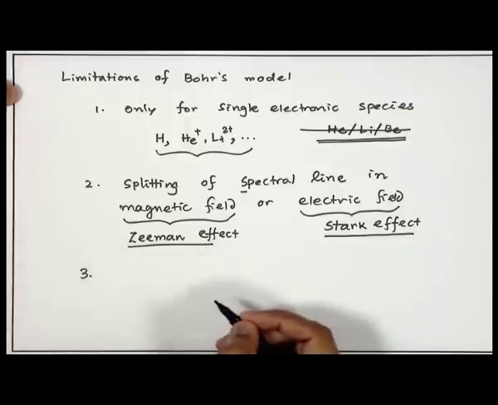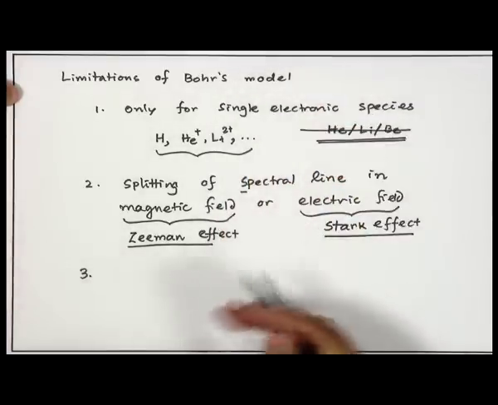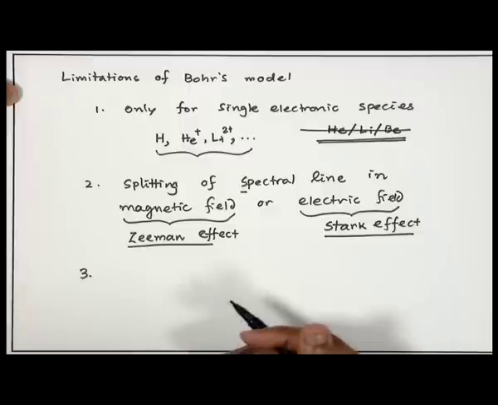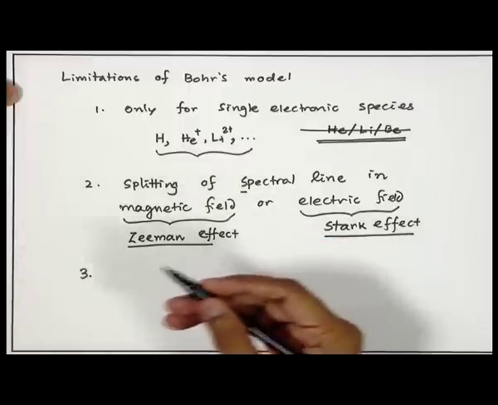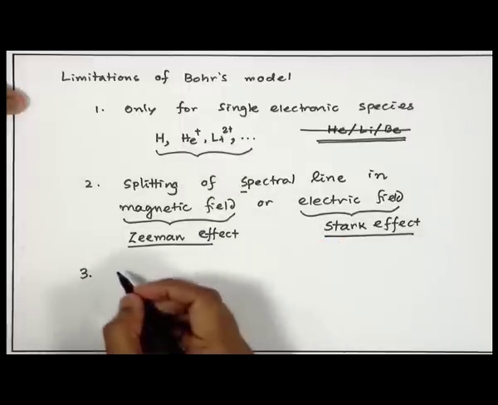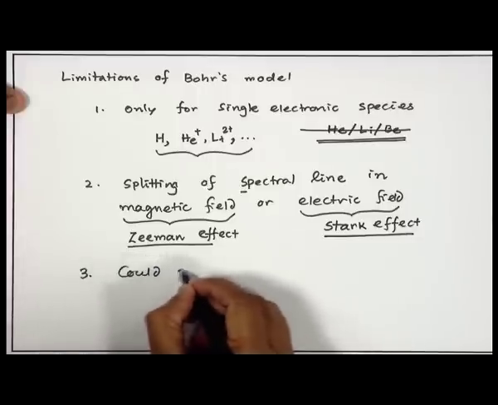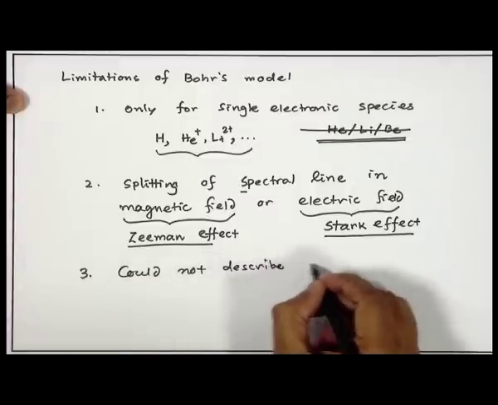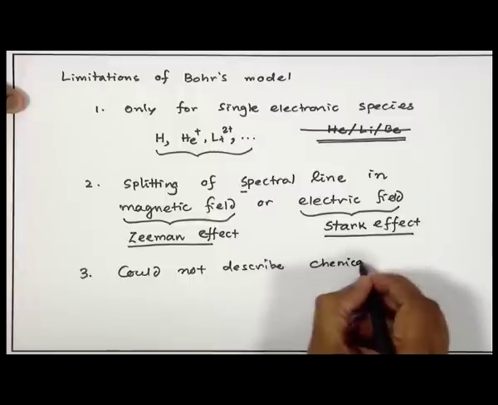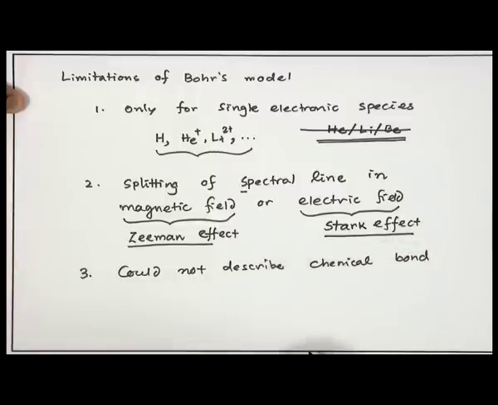The third limitation of Bohr's atomic model is that we wanted an atomic model which would not only describe the structure of an atom, but would also describe the bonding in molecules. But Niels Bohr's atomic model could not describe the chemical bond, and that was another major limitation of Bohr's atomic model.